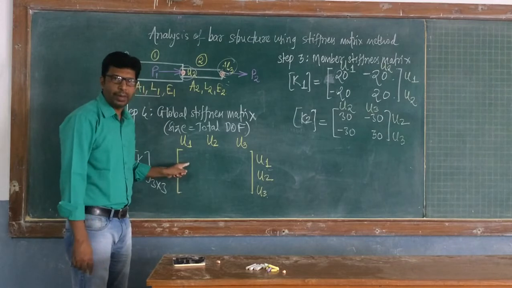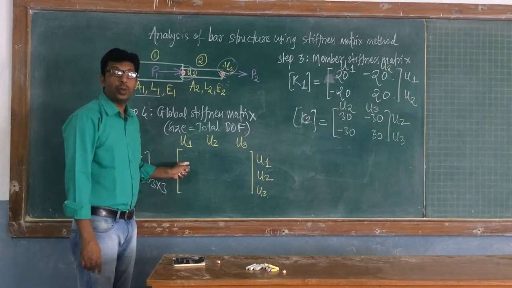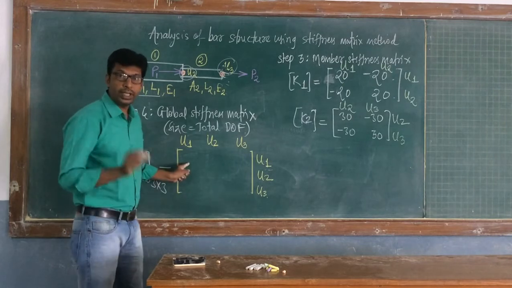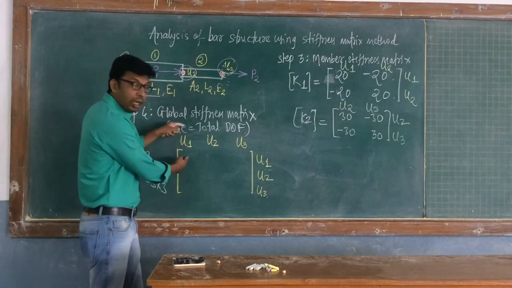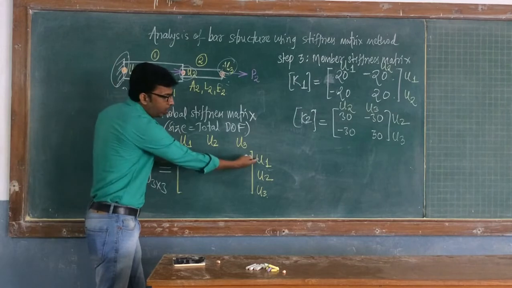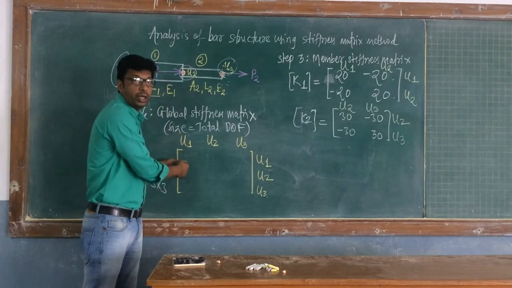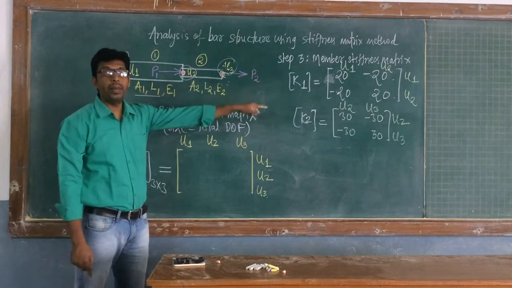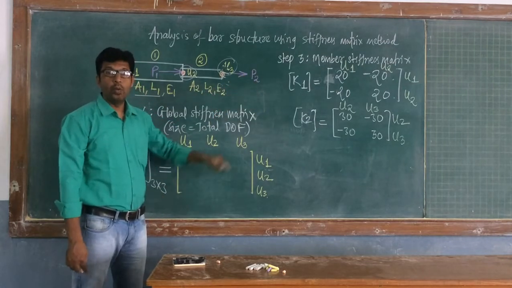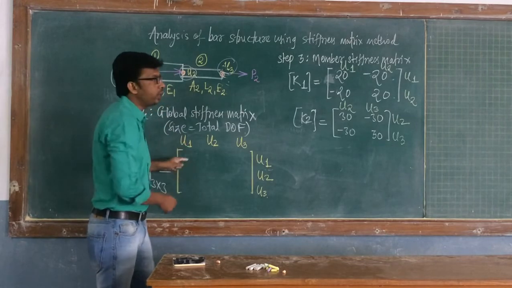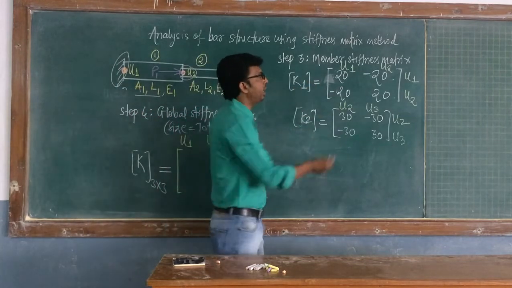Now how to calculate these elements? If you want to calculate the first element, look at the corresponding position. What is the position of this element? In terms of displacement, the column represents U1 and the row U1. So U1, U1 is the corresponding position. We have to see that corresponding element in these two matrices. Which element has this position? U1, U1.